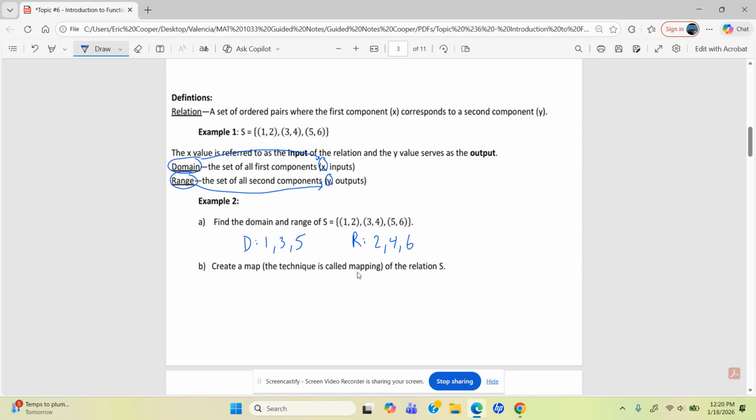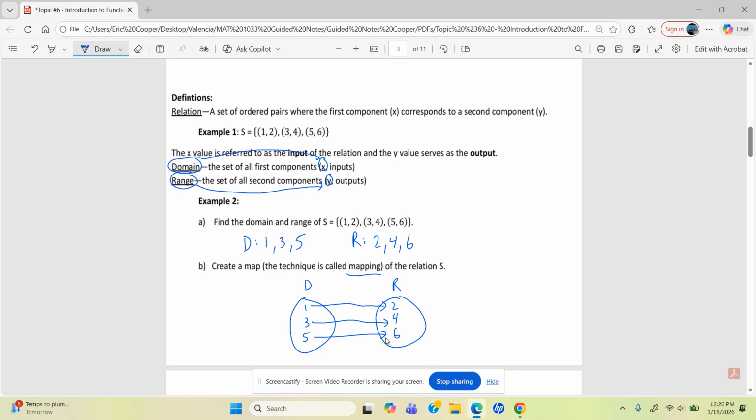If they want you to create a mapping, all we're going to do is put the domain over here and list all the values of the domain, and the range over here and list all the values of the range, and we'll put which parts of the domain correspond to which parts of the range. So in this case, 1 goes with 2, 3 goes with 4, and 5 goes with 6.